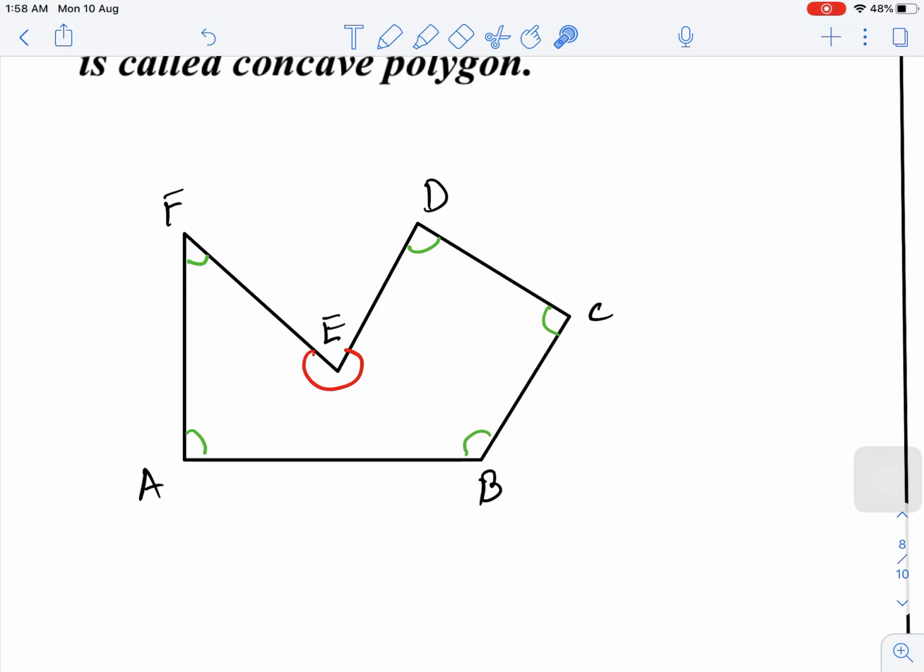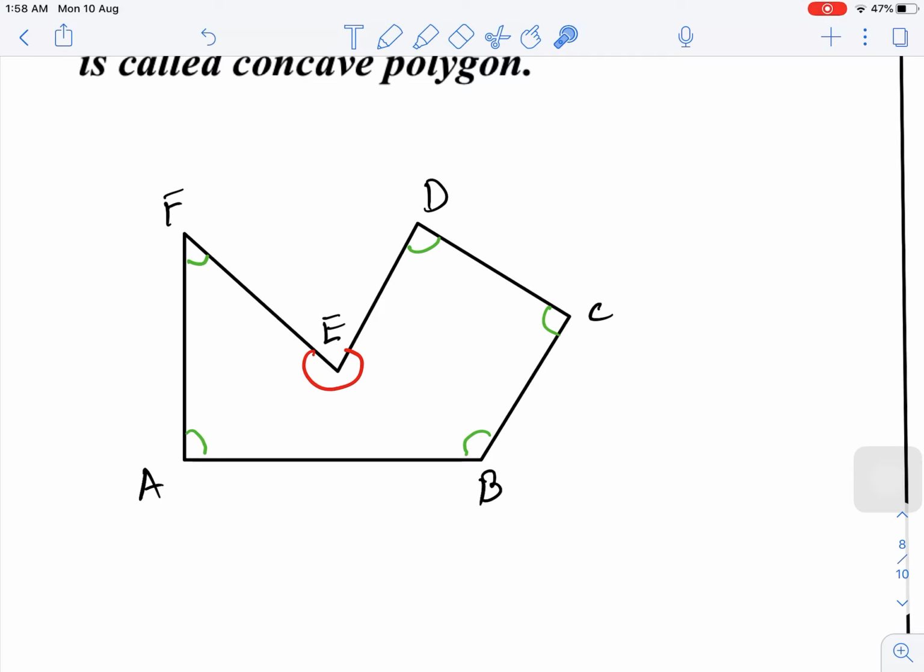Now in this figure it can be seen that the angles which are marked in green, all these angles have values less than 180. But if you look at this angle E, it is marked with red. Why? Because if you count it from here till here, it seems to be more than 180.